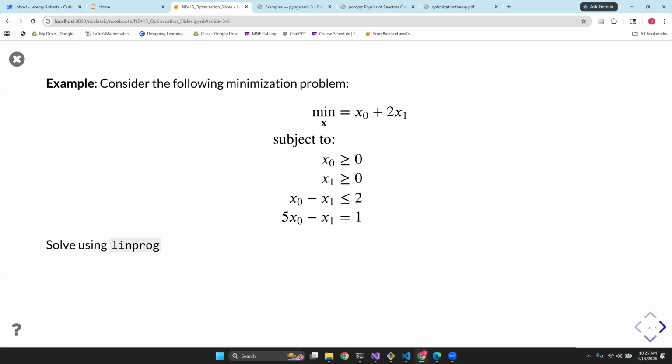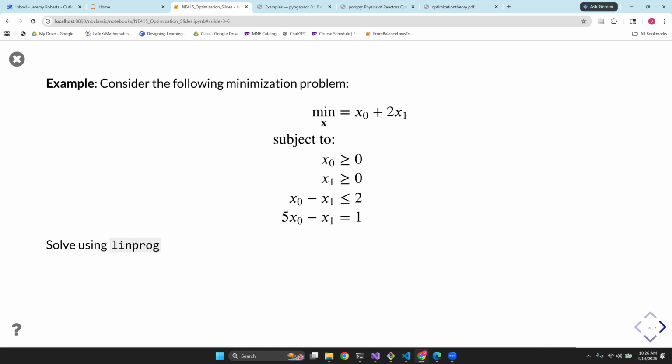So linear programs are those sorts of optimization problems in which the objective function is a linear combination of the unknowns, and the constraints are either inequality constraints or equality constraints in terms of linear combinations of the unknowns, right? And it's this structure, the fact that it's all just linear combinations, that makes it always solvable. If there's a solution, the simplex method is one guaranteed way to find the solution.